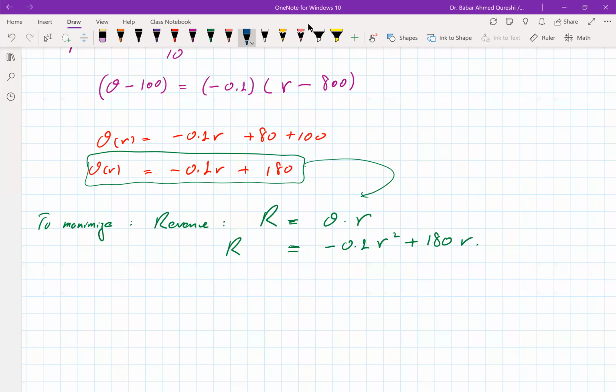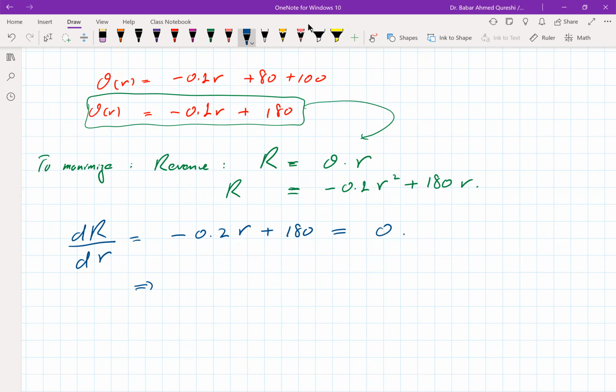And now you can find local extrema by doing the derivative. So you get minus 0.2 r plus 180, and this you put equal to 0.